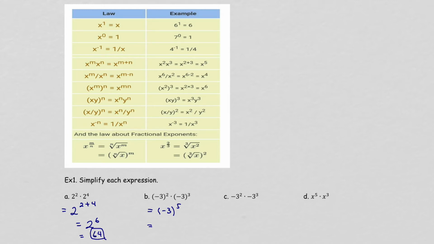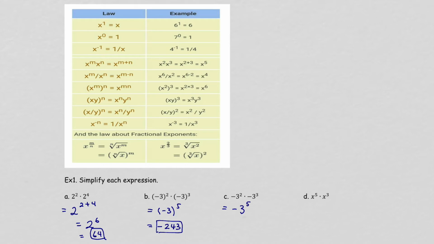So this one you have 5 negative, so your solution will be negative. When you multiply 5 times, you get 243. And this one right here, we do not have a grouping. So let me combine the exponents first by adding.